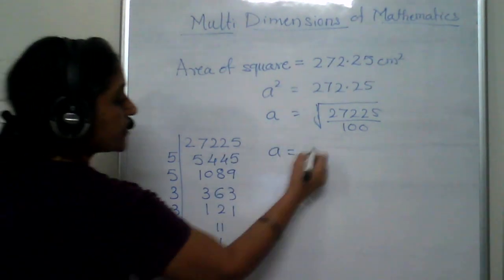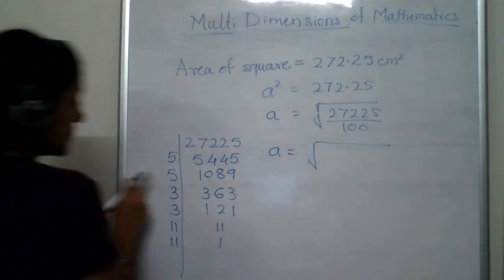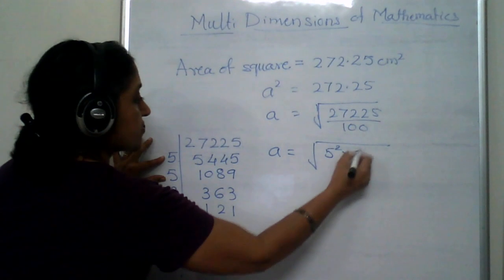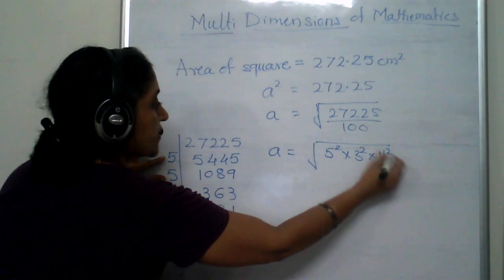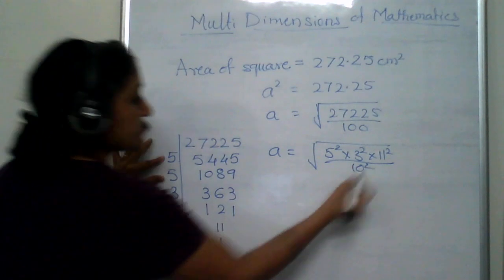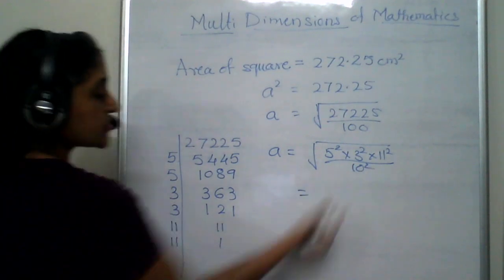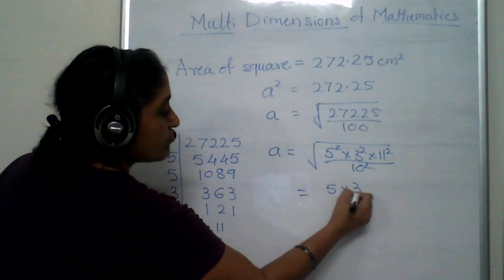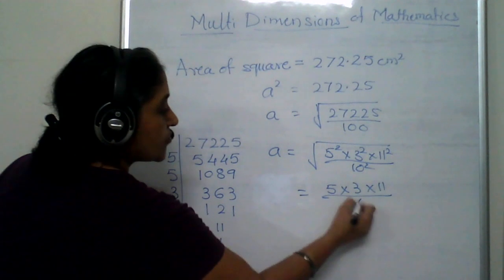Now this A can be written as under root, see here, 5 square into 3 square into 11 square upon 100, which is 10 square. So if all of them are square, they can come out of the square root sign with their base upon 10.